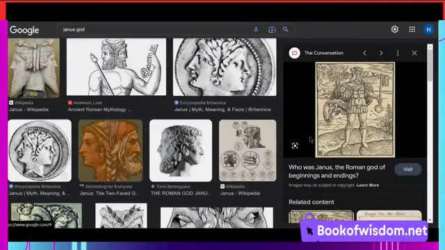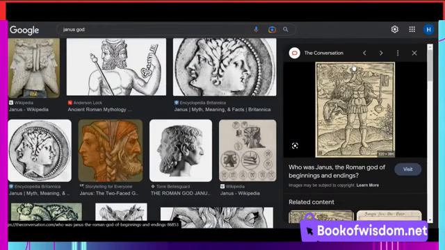But then you've also got the god Janus. Janus is known as the god of the doorways. He's an ancient god of Rome, and they worshipped him. However, he's not a god, he's more like a high-level ranked demon, because he is the god of the doorways. Notice how he's got two faces, because doorways always have two sides.